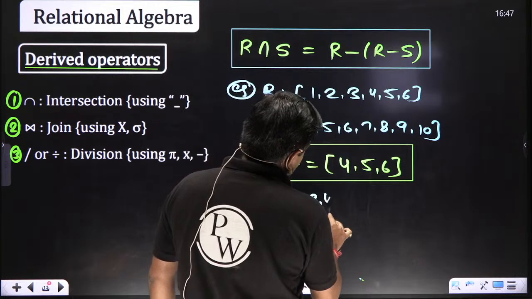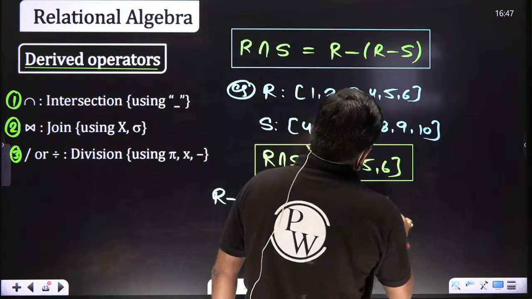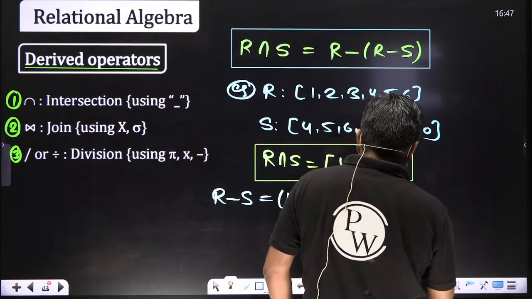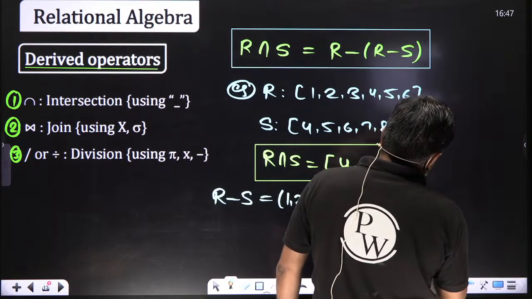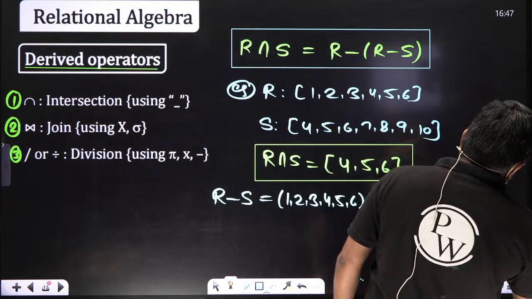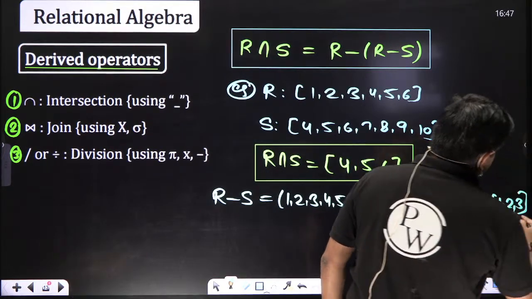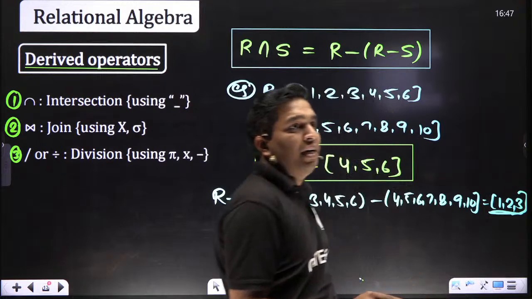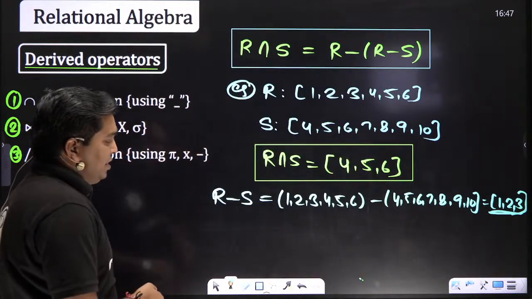1, 2, 3, 4, 5, 6 minus 4, 5, 6, 7, 8, 9, 10. So you will get 1, 2, 3. R minus S, you will get 1, 2, 3. Yes or no?